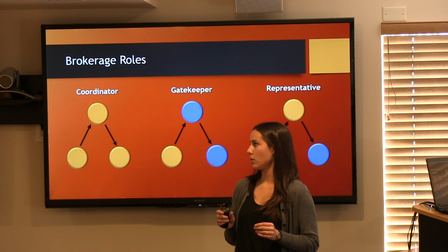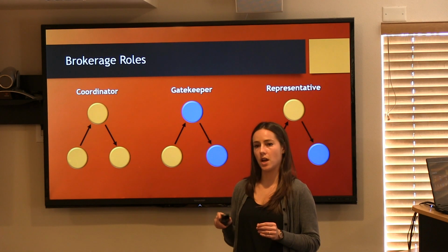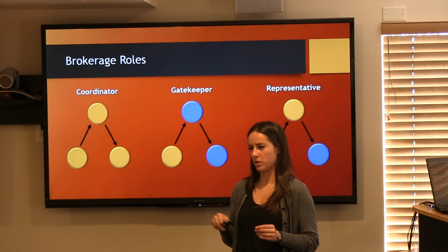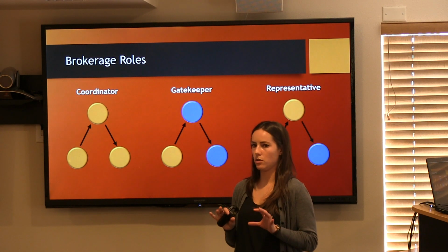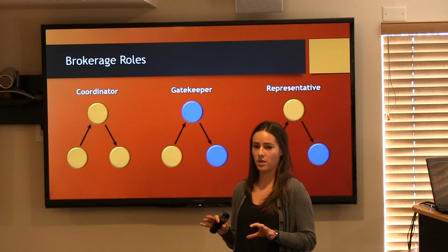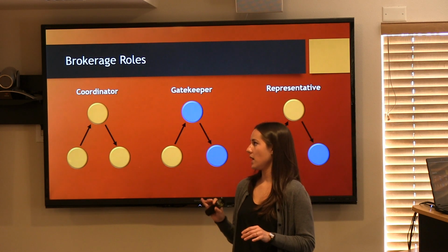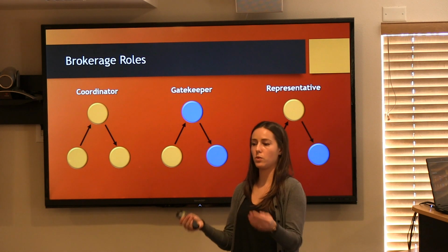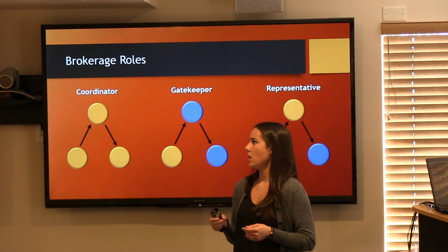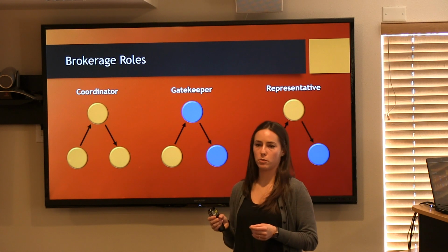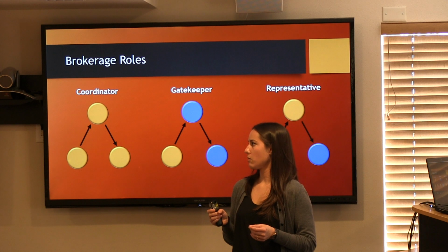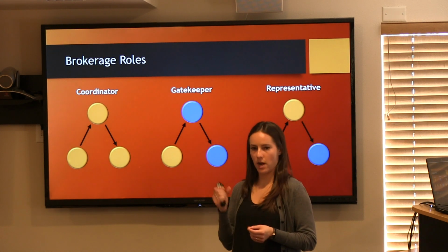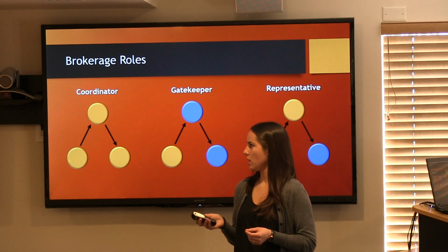So a coordinator would be someone that organizes or brokers information flow between 2 nodes within its own group. A gatekeeper would broker information from outside its group into its own group, and a representative would broker information from its own group to another group outside.